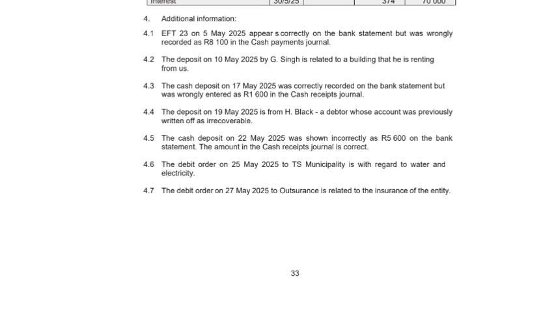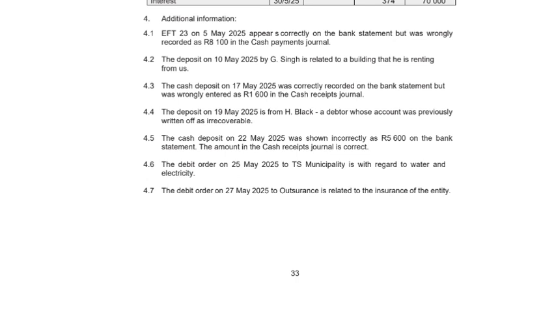Then 4.2, the deposit on the 10th of May by G. Singh is related to a building that he is renting from us. 4.3, the cash deposit on 17 May was correctly recorded on the bank statement but was wrongly entered as 1,600 Rand in the cash receipts journal. 4.4, the deposit on 19 May is from H. Black, a debtor whose account was previously written off as irrecoverable.